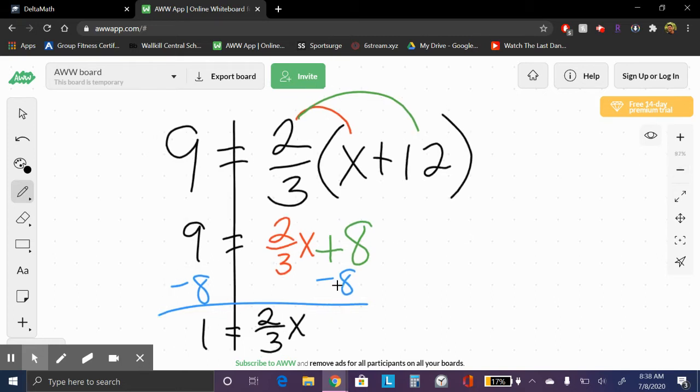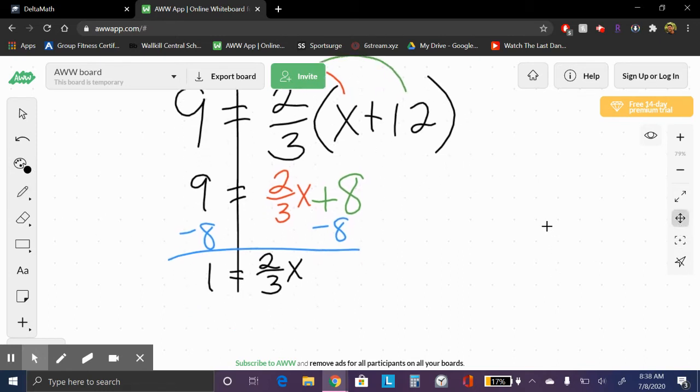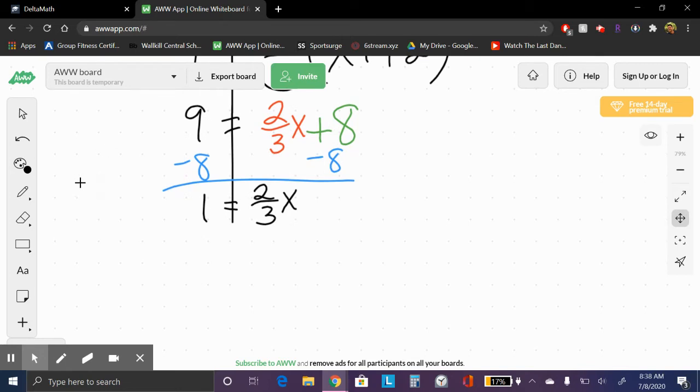All right, I'm going to zoom out on this a little bit more. Now, once you get to this spot right here, you have a fraction next to a variable. In order to get rid of the fraction, we have to multiply both sides by the reciprocal.